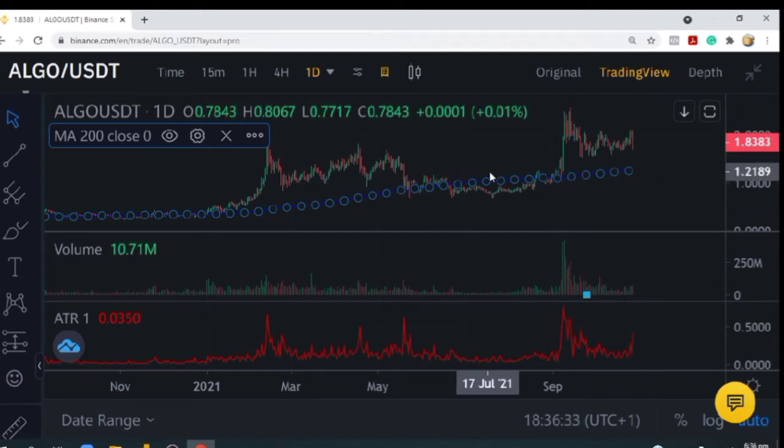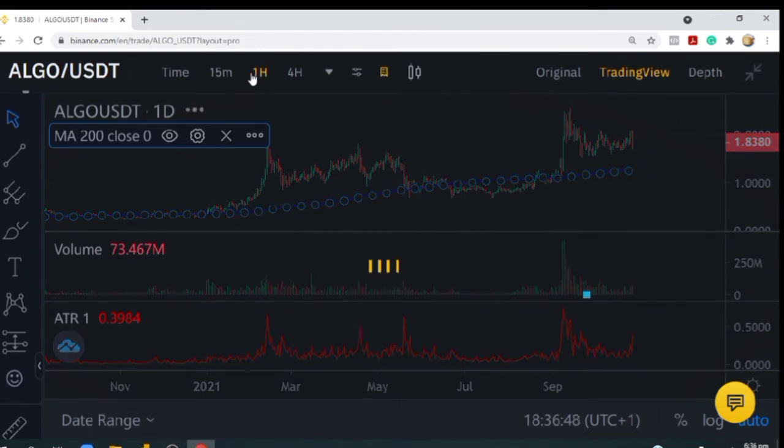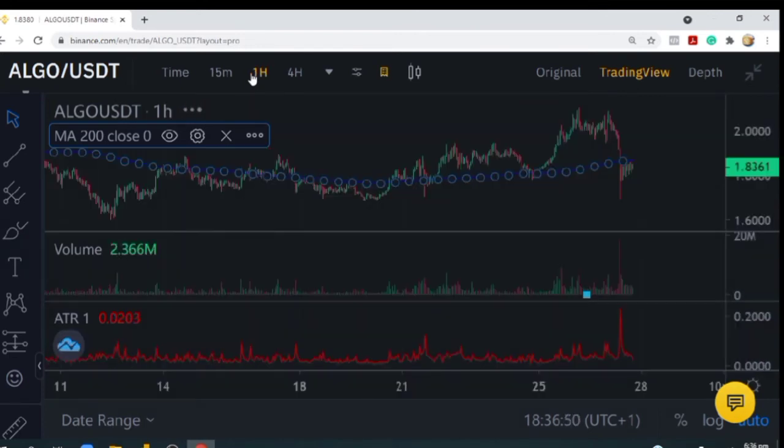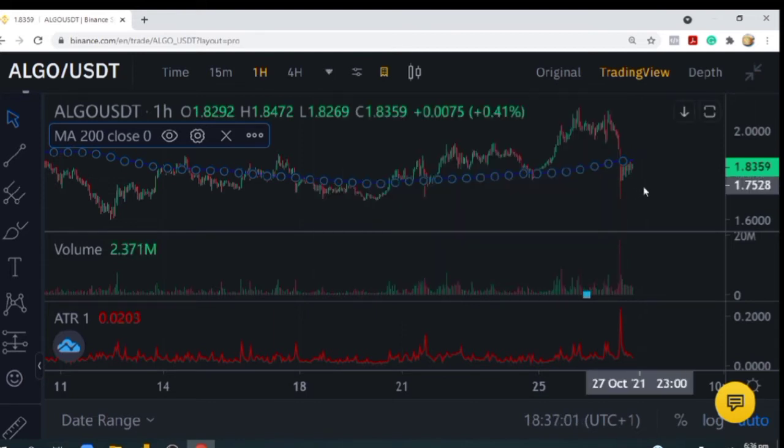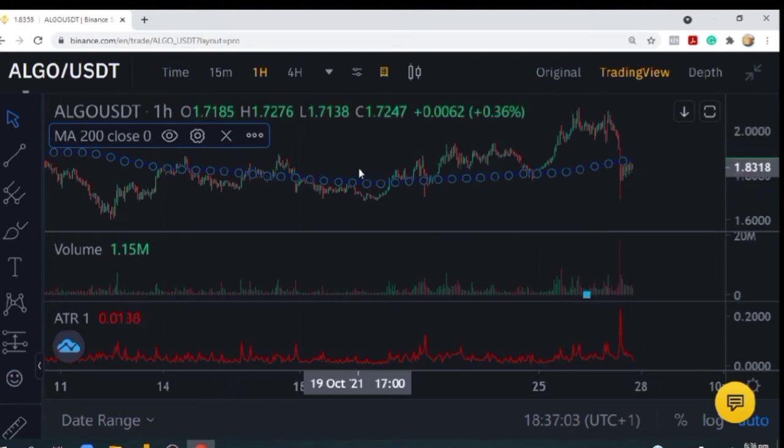You can also decide to change. You can decide not to use 200 days. You can decide to use 1 week, depending on what you want to achieve at that point in time. For example, if I want to trade on a 1 hour chart and I want to know whether within that 1 hour it's an upward trend or a downward trend, I can easily use the moving average to tell.